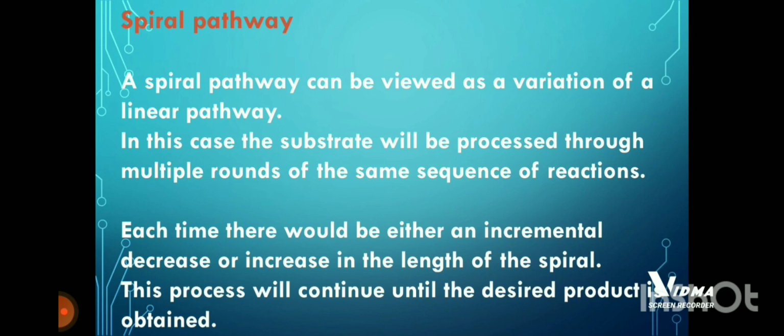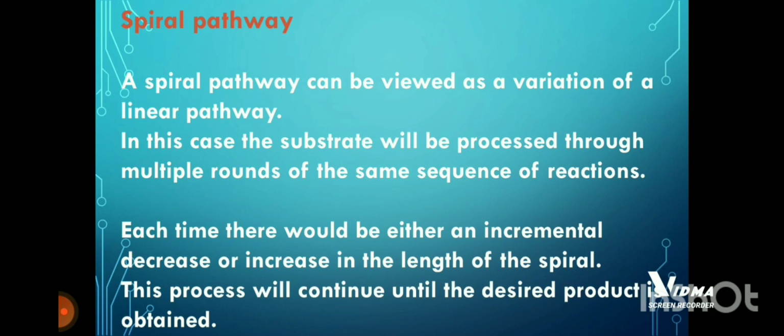Now the spiral pathway. The spiral pathway can be viewed as a variation of the linear pathway. In this case, what happens? The substrate is processed through multiple rounds of the same sequence of reactions.